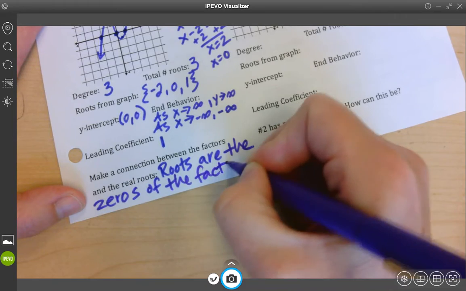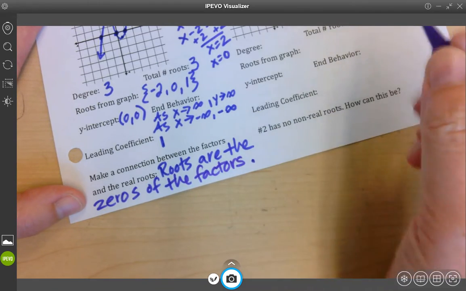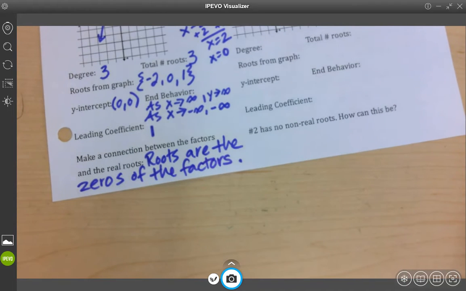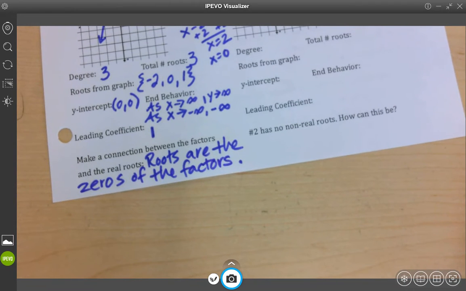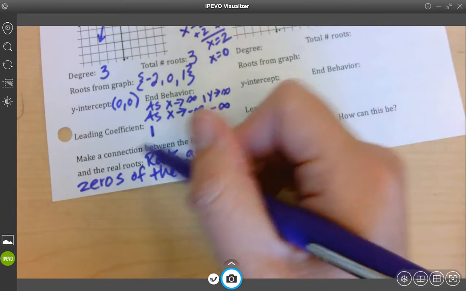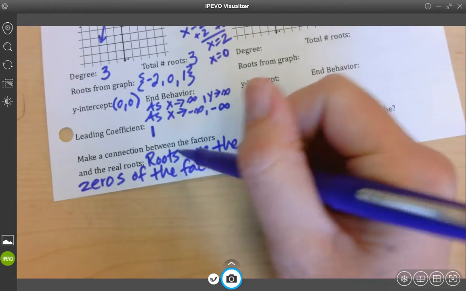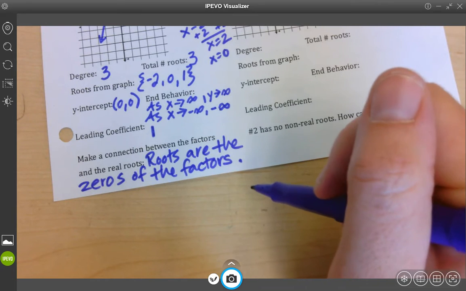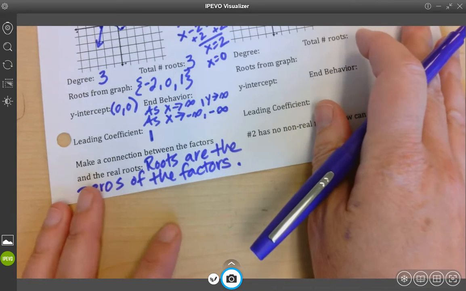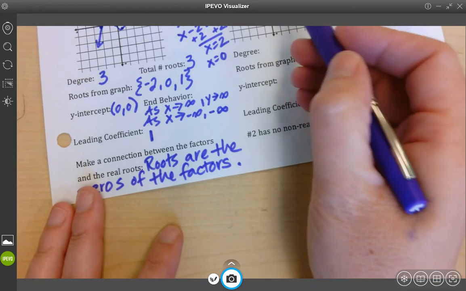But putting together everything you guys shared, roots are the zeros of the factors, would be helpful. And actually real roots. Well, actually, even non-real roots, if we had a factor that had non-real roots, you could also set that equal to 0. All right, well done.